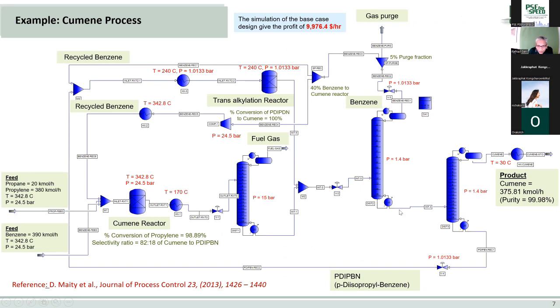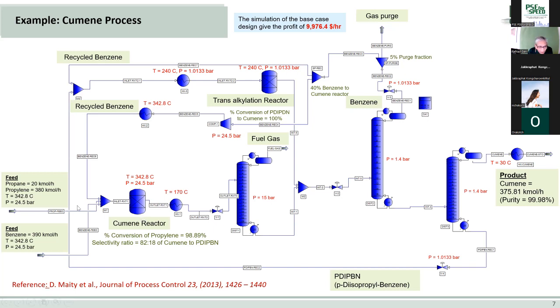So process design involves first to synthesize the flow sheet, and then on the flow sheet synthesized, we need to find the design conditions of the reactor, temperature, pressure of operation, the design of the distillation column, the design of the heat exchangers, if we need to change the pressure, either through a valve or expansion, all of these things we need to take care of before we can do the simulation.